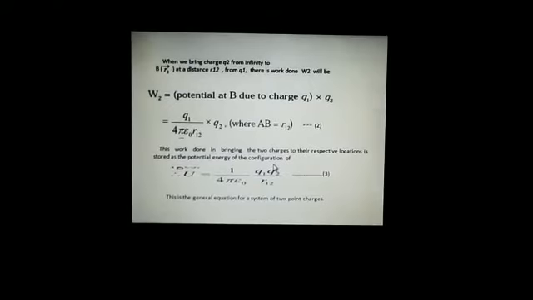This charge produces the potential V1 equal to 1 upon 4 pi epsilon naught Q1 upon r1, where r1 is the distance of this point A from the origin.